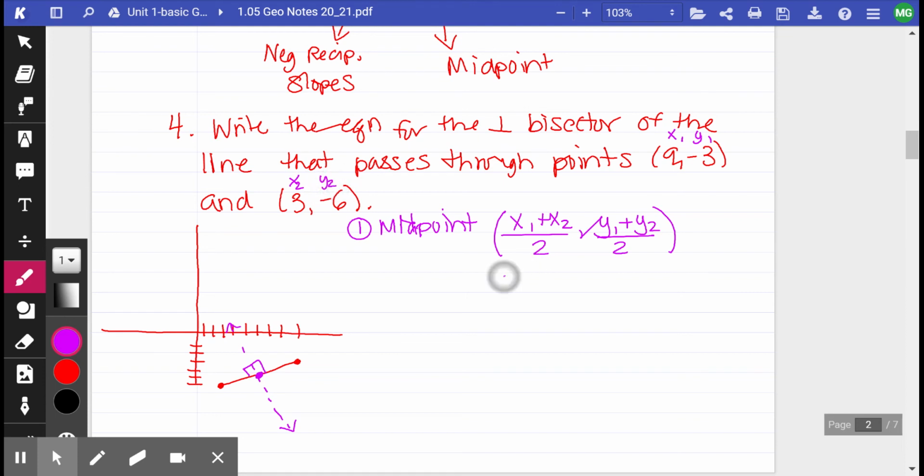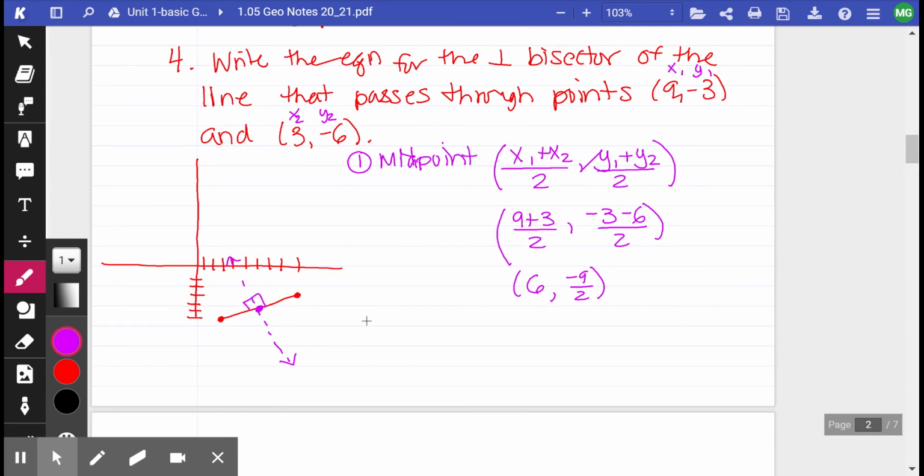So I'm just substituting into our formula. 9 plus 3 over 2 and negative 3 minus 6 over 2. So that gives us 12 over 2, which is 6, and negative 9 over 2 we'll just leave as negative 9 over 2. After midpoint, next I'm going to find my slope.